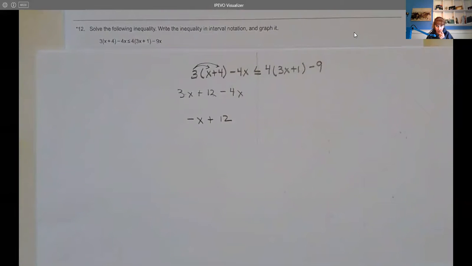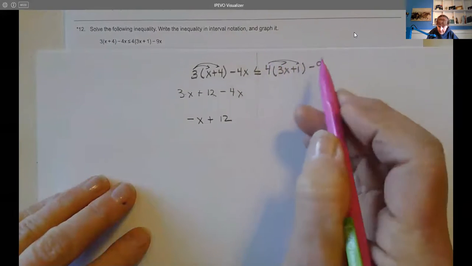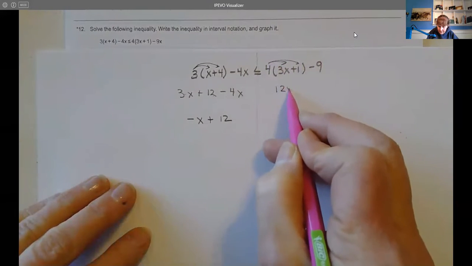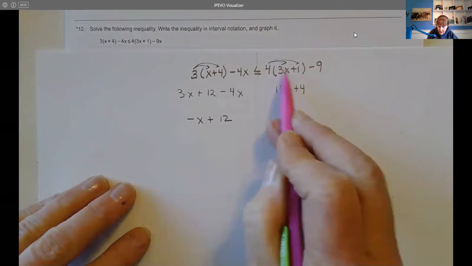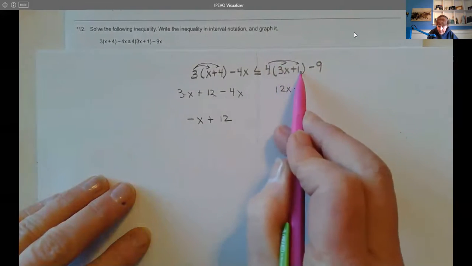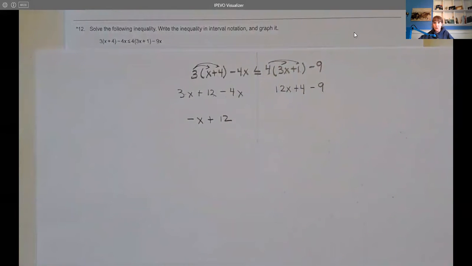We've got to take that 4 times what's in the parentheses, 12x plus 4. I multiplied those by the 4, subtract the 9. The 9's outside the parentheses, so you don't multiply it by the 4. We'll combine like terms now. The only ones that are like terms look to be the 4 and the minus 9.